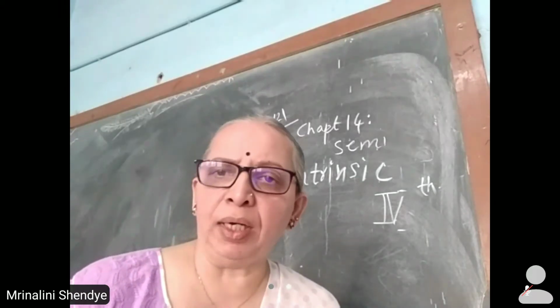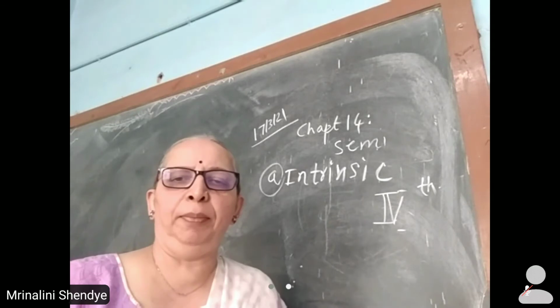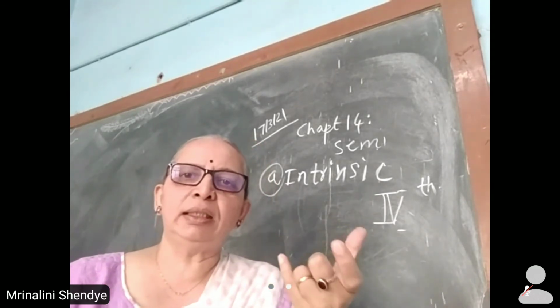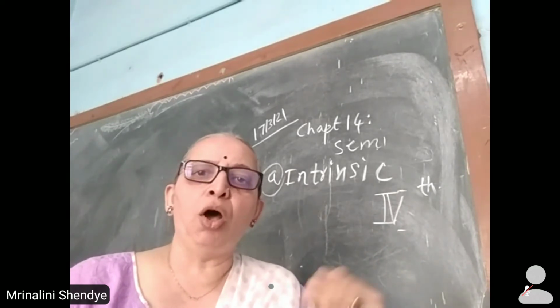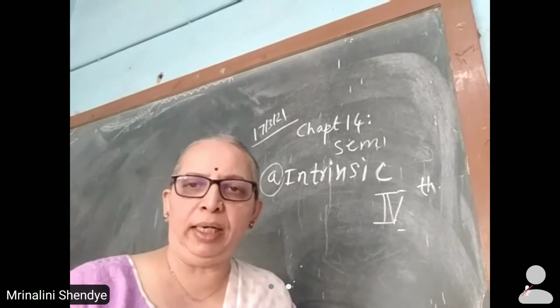We'll proceed further to study conduction through such intrinsic semiconductors. For example, consider a solid crystal of silicon or germanium, lying in the fourth group of the periodic table.